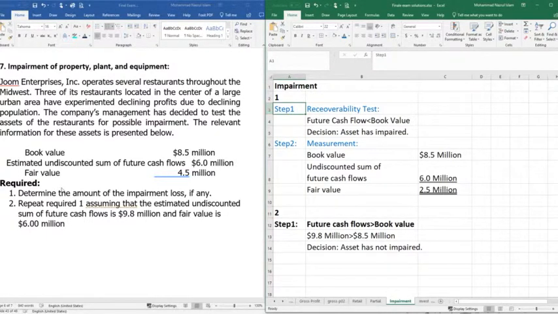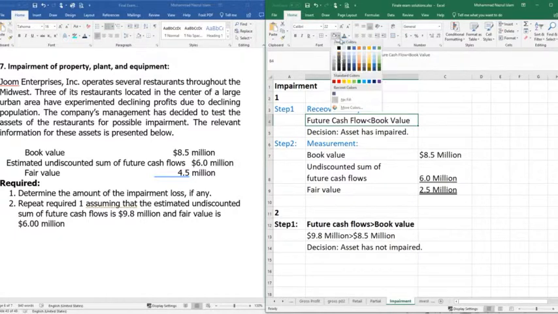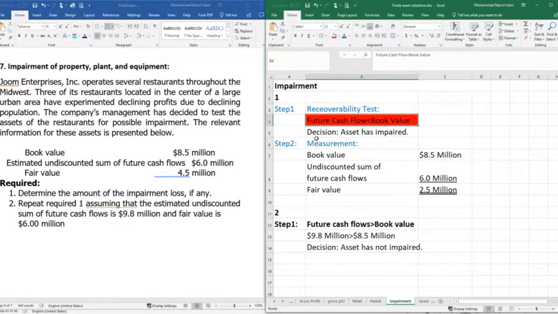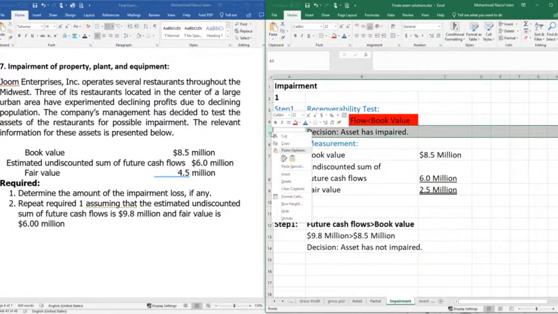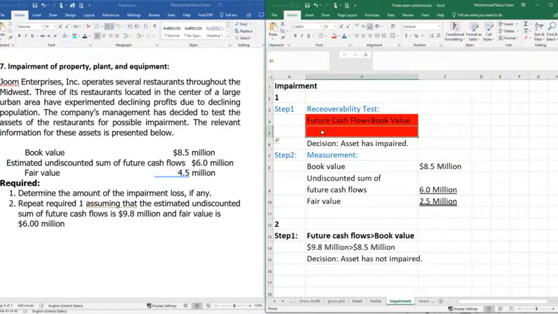Step number 1, requirement number 1. So the recoverability test: what we do is check whether future cash flow is less than book value. Here we have that. See, the future cash flow is $6 million, and that is less than 8.5 million.